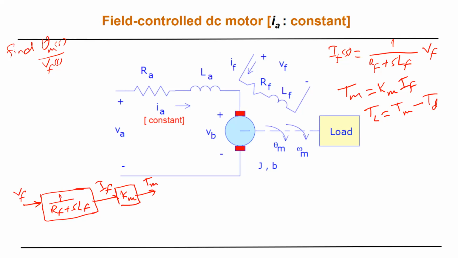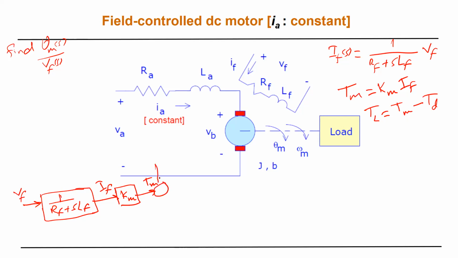So TL, what is going to the load, equals the developed torque of the motor minus some disturbance. If the disturbance equals 0, then TL equals Tm. If not, you can model it in this way.